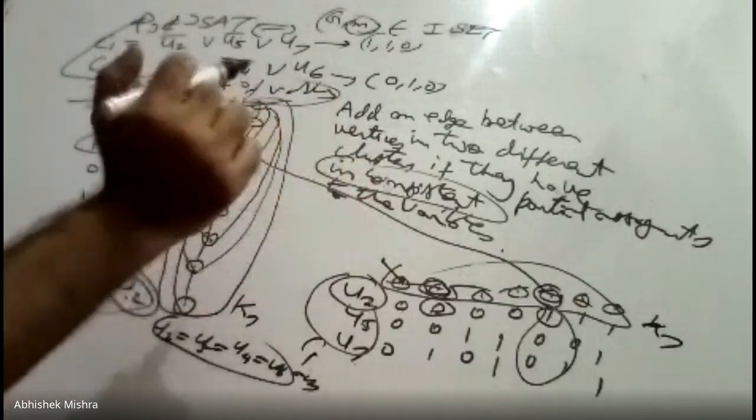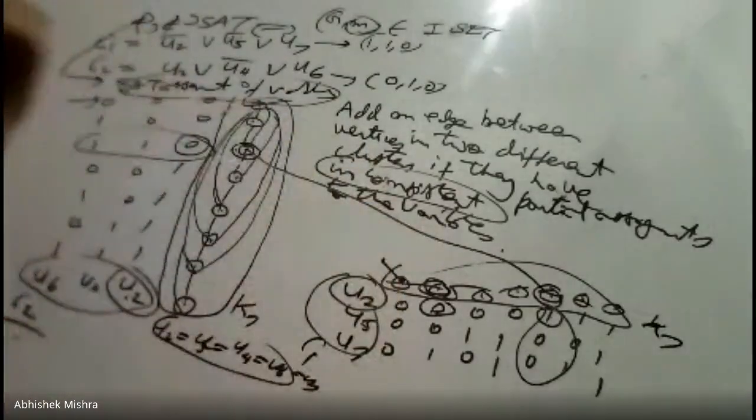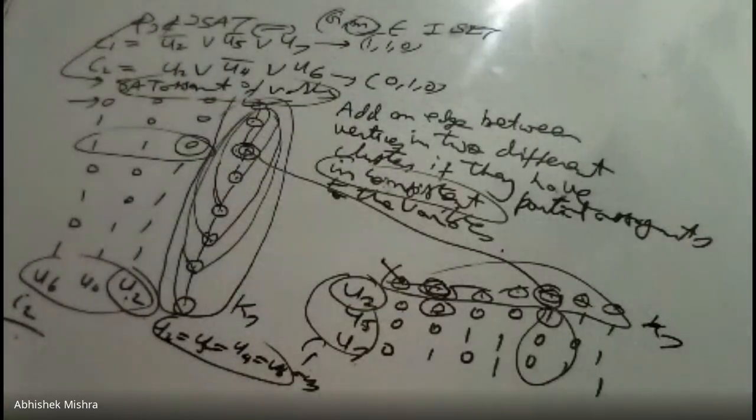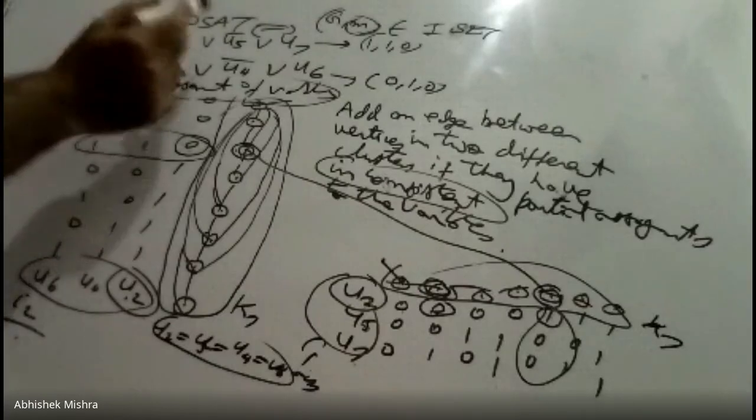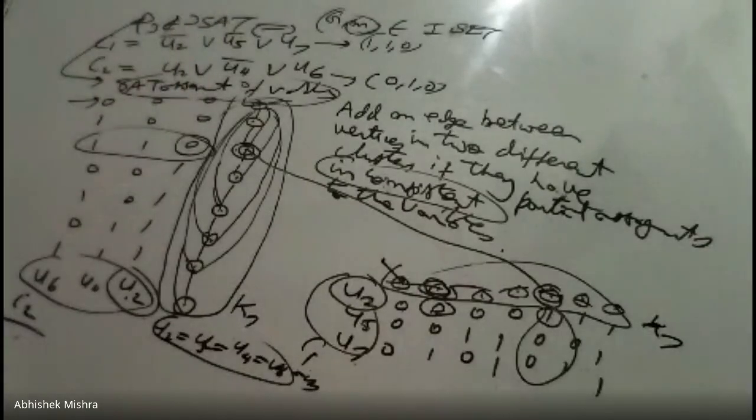One inconsistency means you will get an edge. So this proves that 3SAT reduces in polynomial time to Independent Set. Combined with the fact that Independent Set is in NP, it proves that Independent Set is also NP-complete.